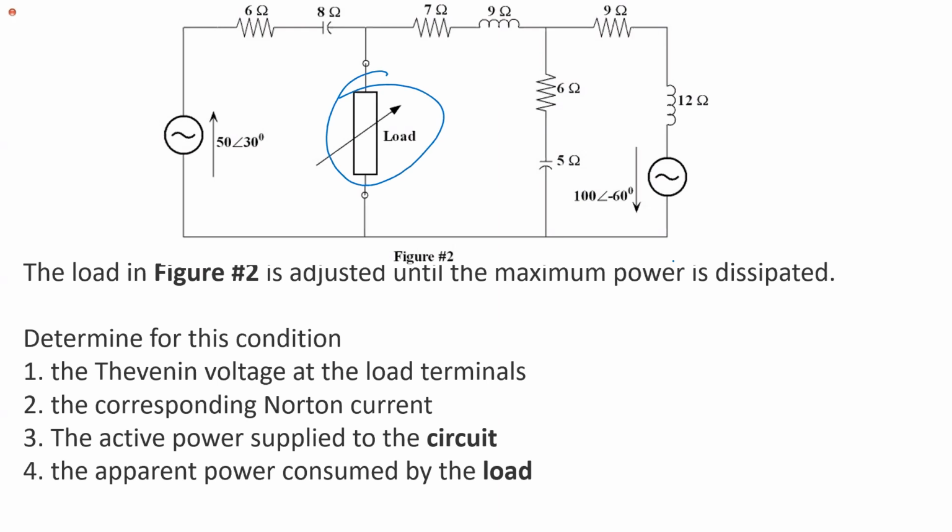So we open the load and find Z Thevenin looking from the load side. All right, what does that work out to? So that would be the 6 minus 8j in parallel with the other side of the circuit.